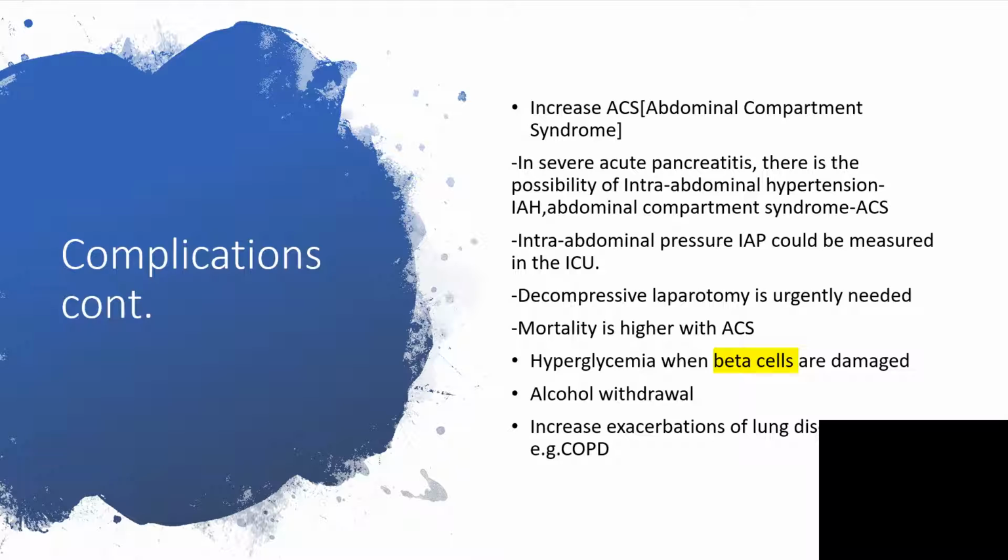So intra-abdominal pressure could be measured in intensive care units. And once that is picked up, please, the surgeon should be invited as a matter of urgency. Why? That will lead to death if intervention is not embarked upon quickly.